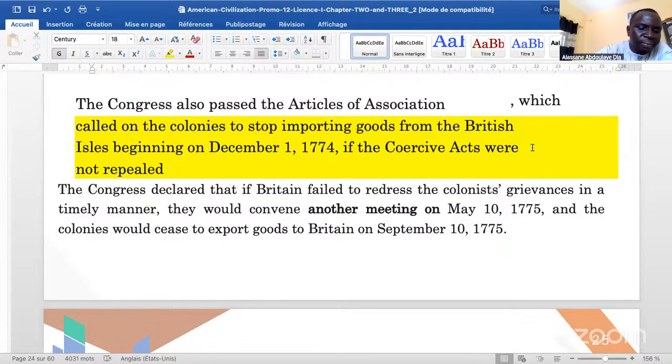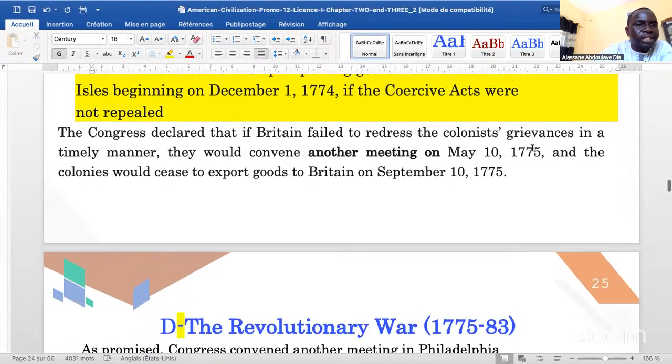The Articles of Association by the Continental Congress said to the colonies from December 1st, 1774, do not buy any goods from the British if they don't stop the taxes.